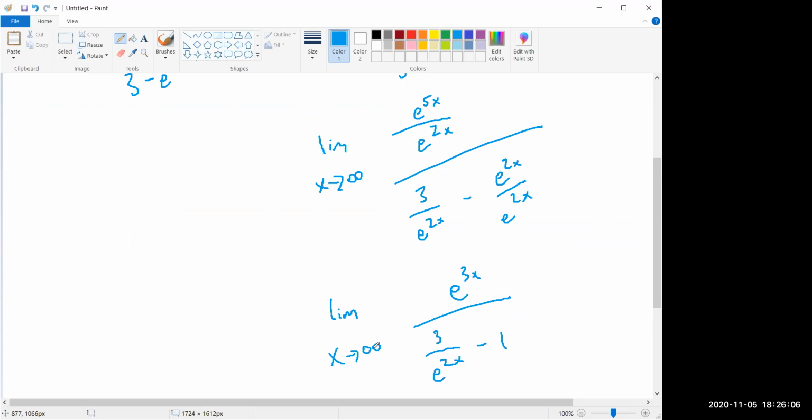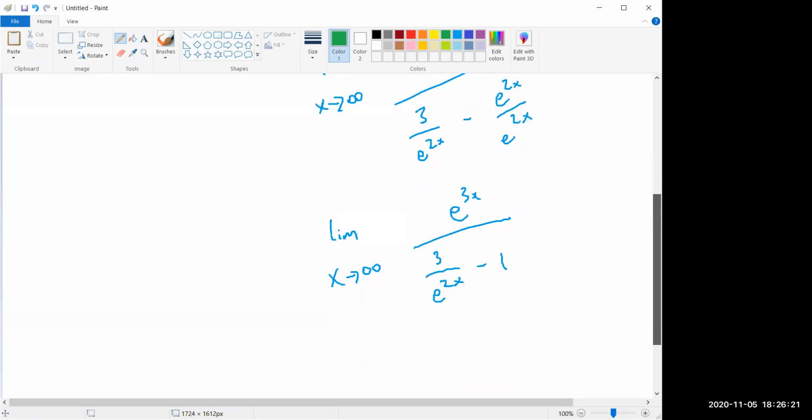You guys see what you get when you take the limit as x approaches infinity? So this is a negative 1, that's fine. What does this go to as x approaches infinity? 0, right? And then what does this go to?